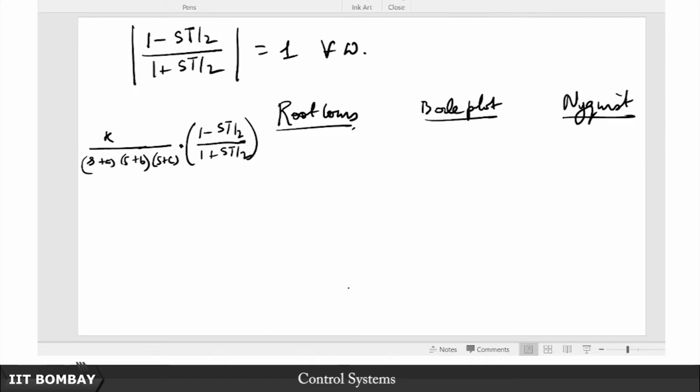For one, if you want to cast it in a root locus format, you have to write st by 2 minus 1. But if you want to maintain it in this form, then you better draw the complementary root locus.